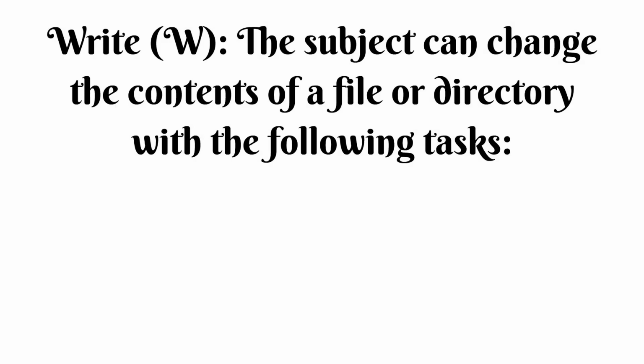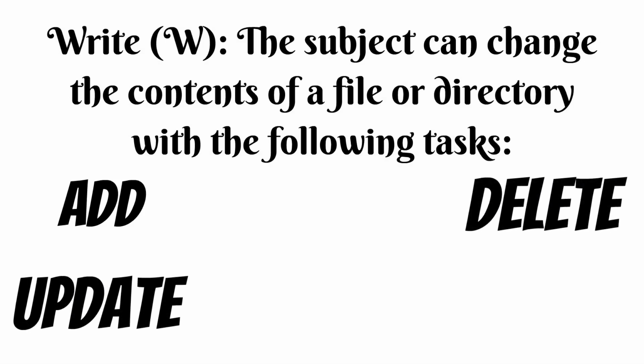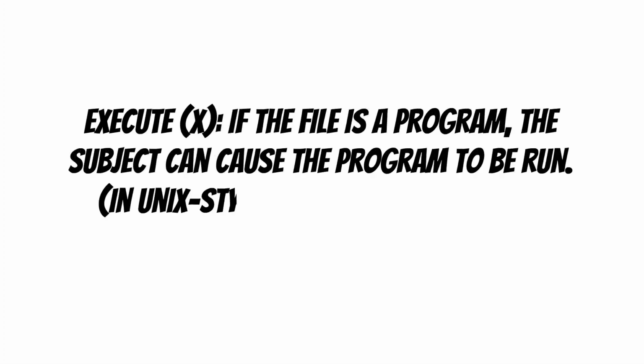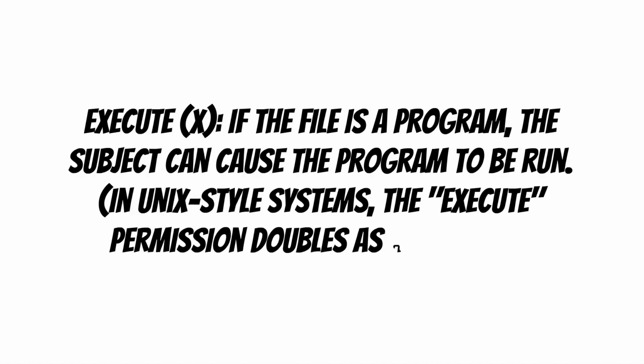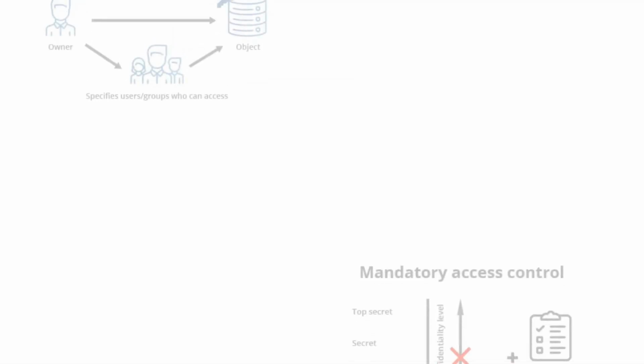Number 1. Read, R. The subject can 1. Read file contents. 2. List directory contents. Number 2. Write, W. The subject can change the contents of a file or directory with the following tasks. 1. Add. 2. Update. 3.